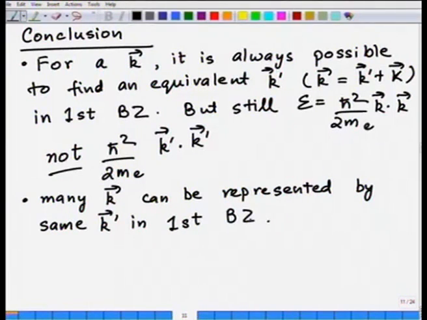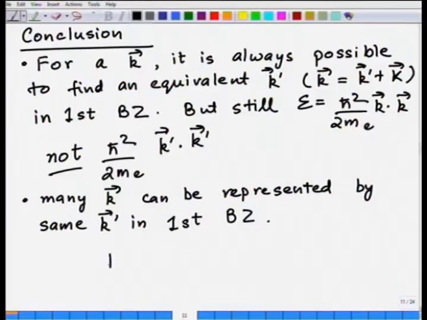All right. So, if these are the two conclusions, then now you can see that, since at the same k prime in the first Brillouin zone, this small k vector represents an electron state. Remember, in free electron theory, we found that these are discrete states which an electron can take.